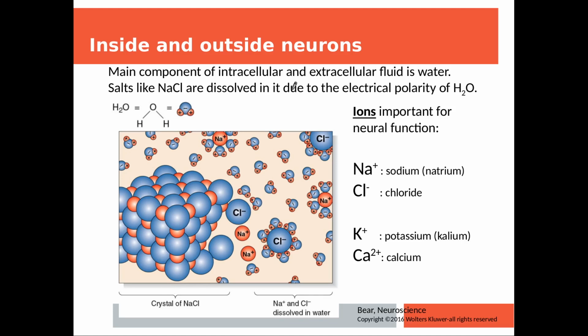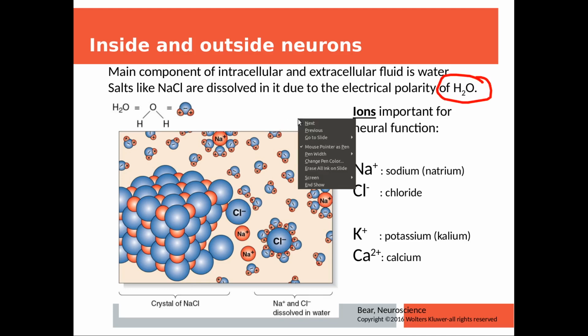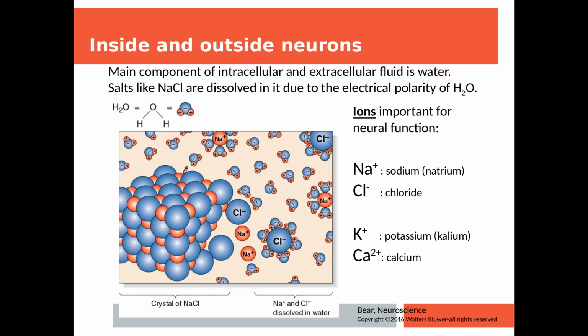It's mostly water, but inside the water there's dissolved certain salts like sodium chloride, table salt. Those are dissolved in the water. Basically, water has special properties that make it good at dissolving things, and so when you eat salt, it's broken down and dissolved into the water into chloride ions and sodium ions.